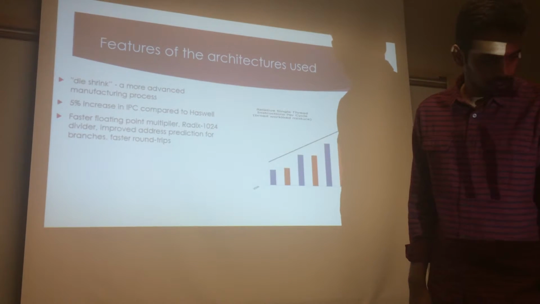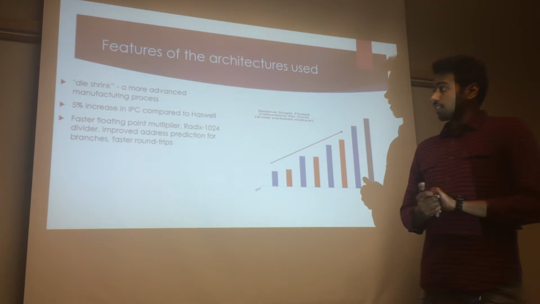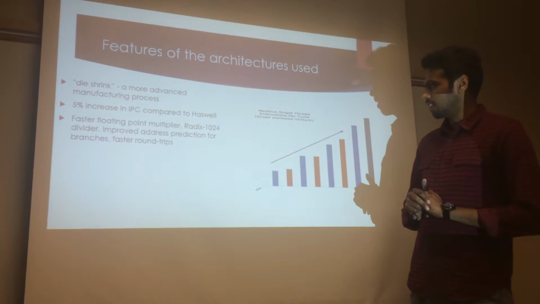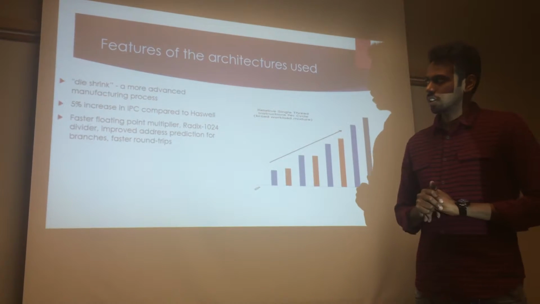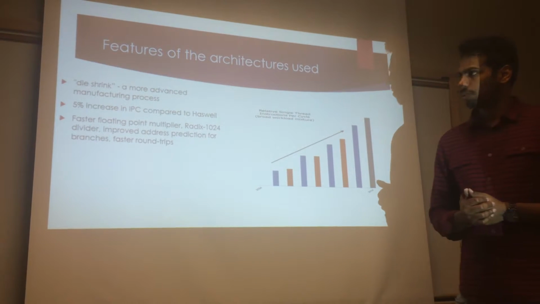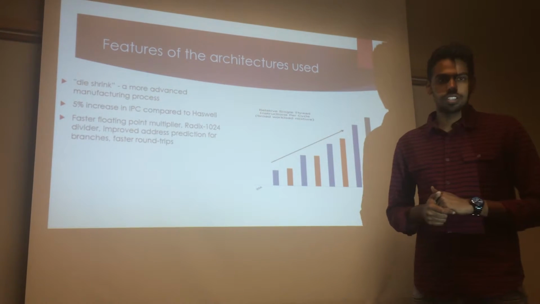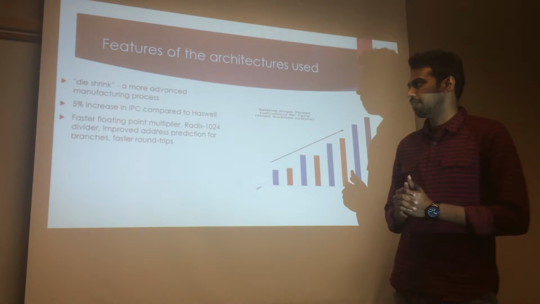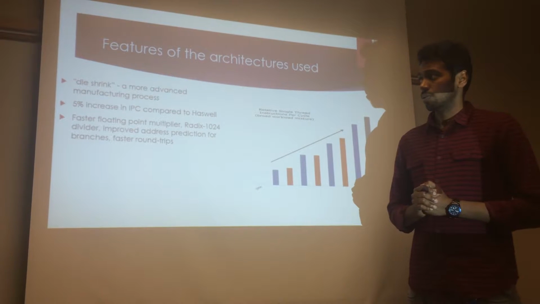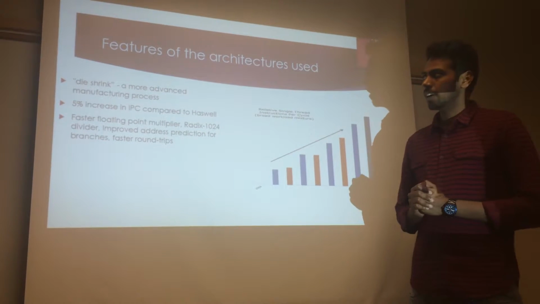So let us consider the features of the architecture. In this slide, I'd like to discuss the improved features of Broadwell over Haswell. So, die shrink. This is what I was referring to in the previous slide in 14 nanometer technology. What do you mean by die shrink?